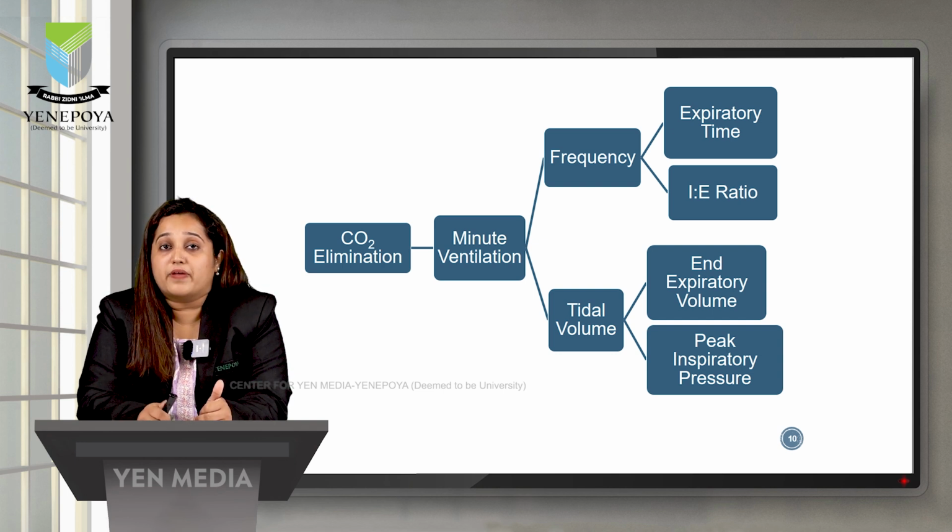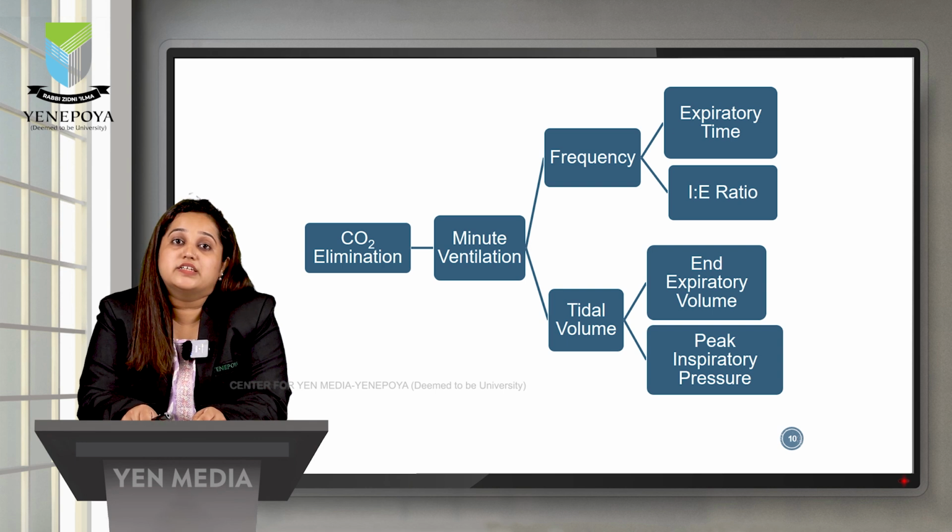Now your CO2 primarily depends on minute ventilation. But minute ventilation is not something that we can control directly, because minute ventilation depends on your frequency and tidal volume. So what you can do is manage the frequency and the tidal volume of the baby so that you can achieve the targeted minute ventilation, and by achieving the targeted minute ventilation you can make sure appropriate CO2 elimination happens.